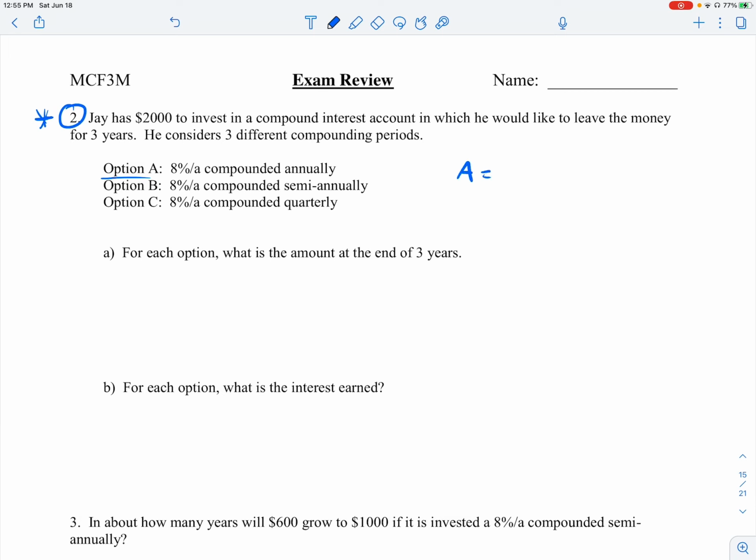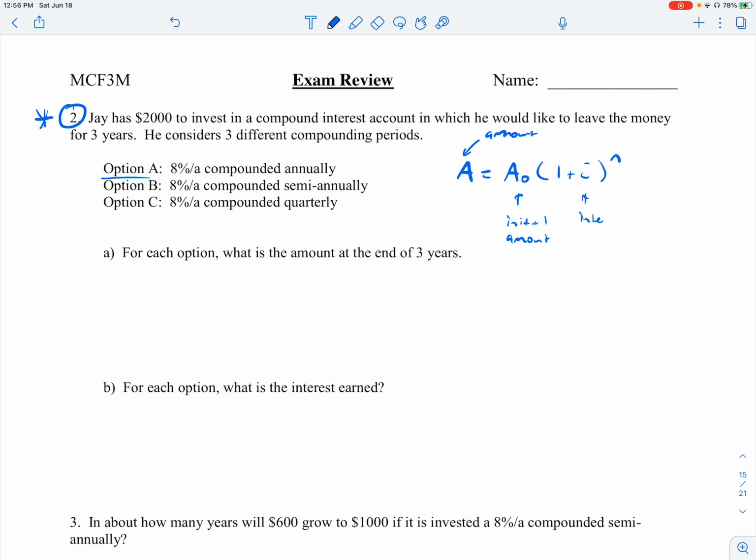So we're using this formula. Okay, and notice it looks like growth because we're doing 1 plus the interest rate. Okay. So this is the amount. This is the initial investment. Sometimes we call this the principal.